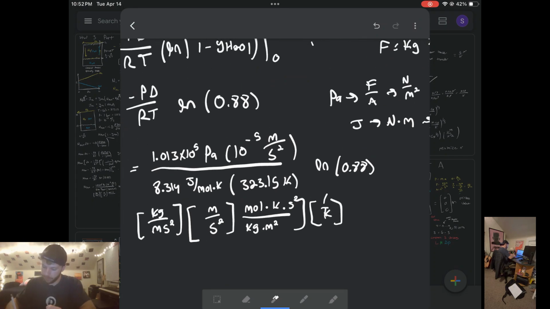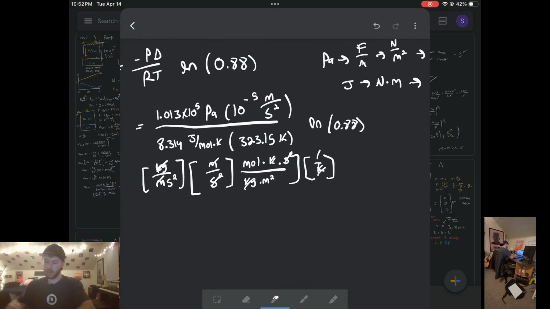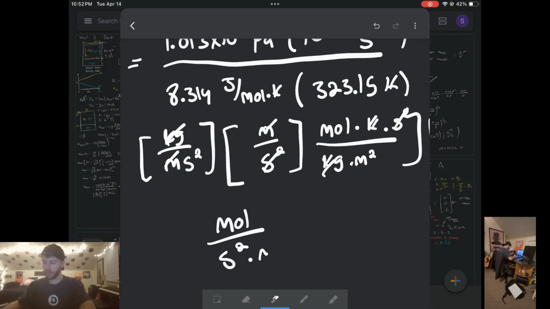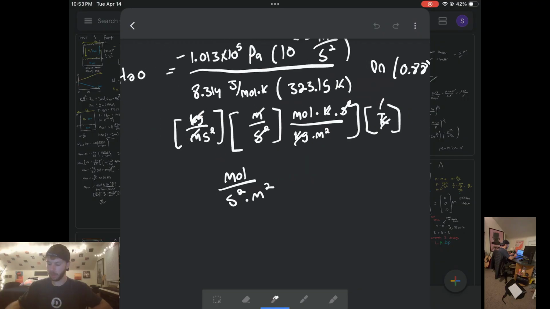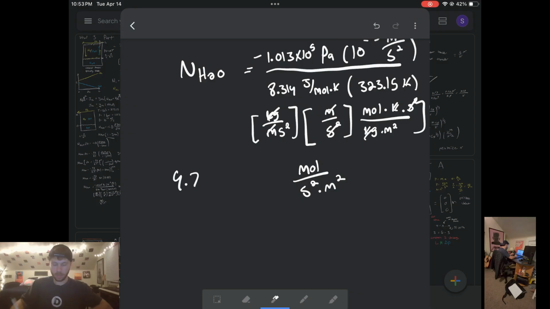So canceling out our terms here, we'll be left with moles per second squared meter squared, and solving for this, which will be negative as well, our total flux, we should get a value of 4.76 times 10 to the negative 5.